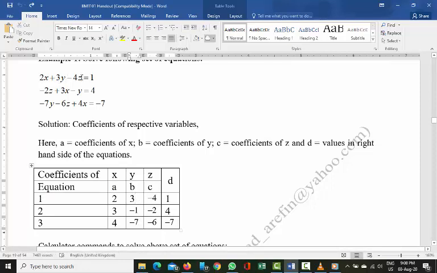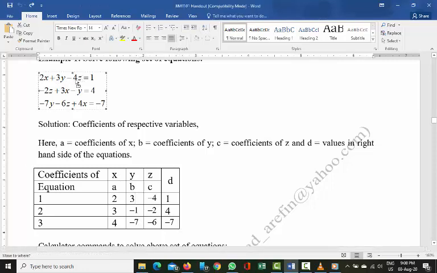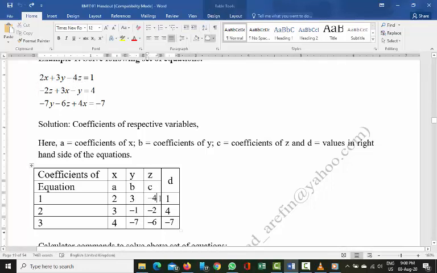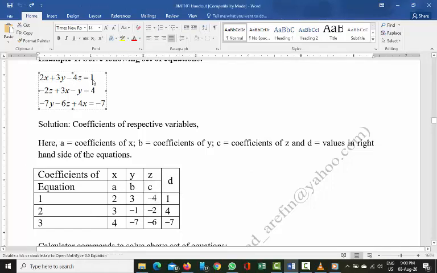In the first equation, the coefficient of z is minus 4. This is c. And on the right hand side of the first equation, we have 1. So d is 1.